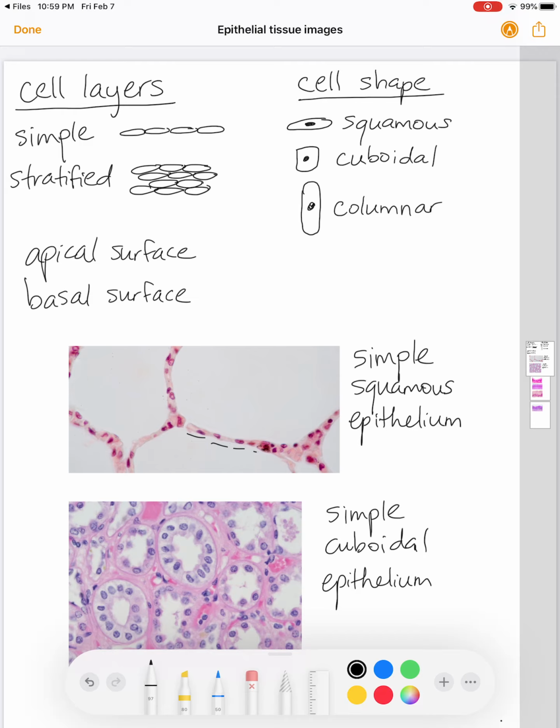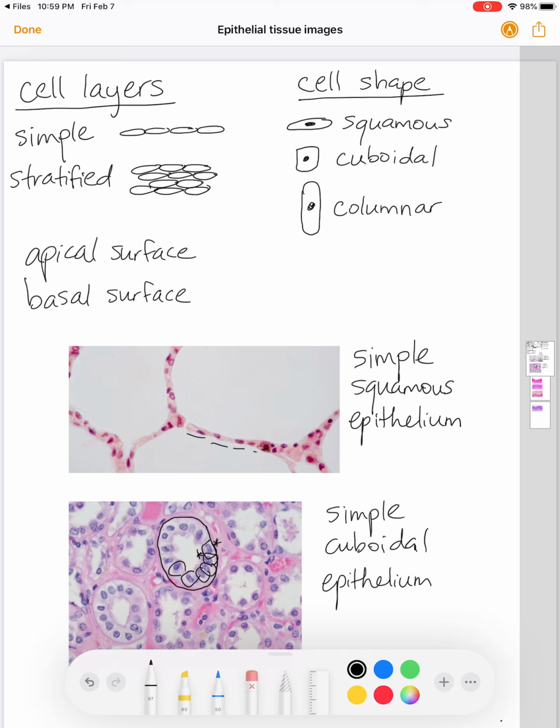But I'm going to kind of outline the basement membrane of the tissue. So that's the basal surface. And up here you can see the apical surface where that little white space is. So each one of these little guys here is an individual cell, kind of a cuboidal shaped cell side by side. So that's a simple cuboidal epithelium.